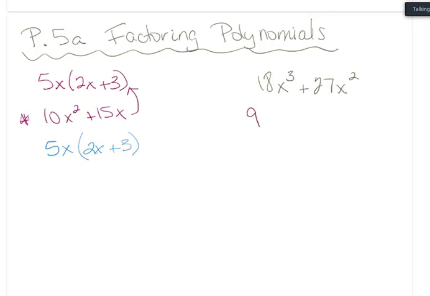And if I got x squared and x to the third, I'm going to pull out how many x's? Yeah, x squared. What am I going to multiply 9 by? 2. I'm going to multiply x squared by x. I'm going to keep those babies positive. What am I going to multiply 9 by to get to 27? 3. And x squared and x squared, those babies match up, so I don't need to go any further. Not too shabby?